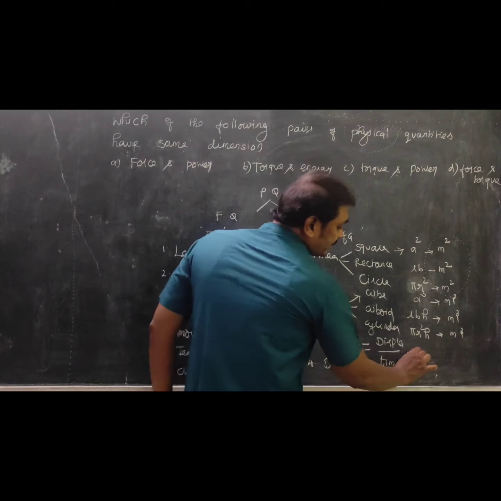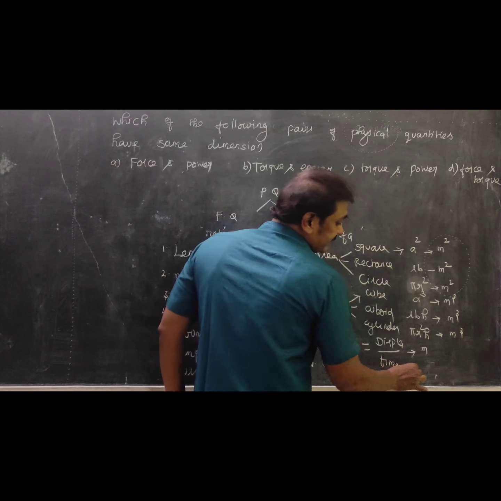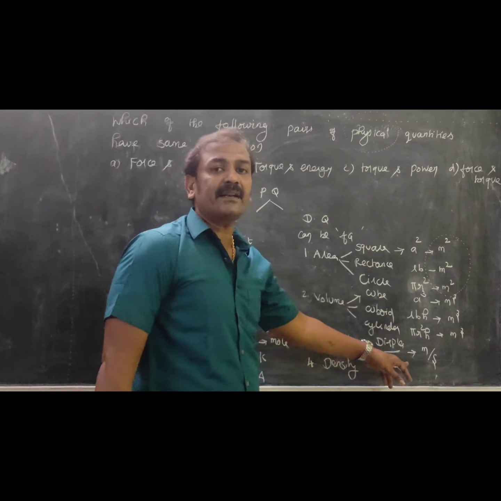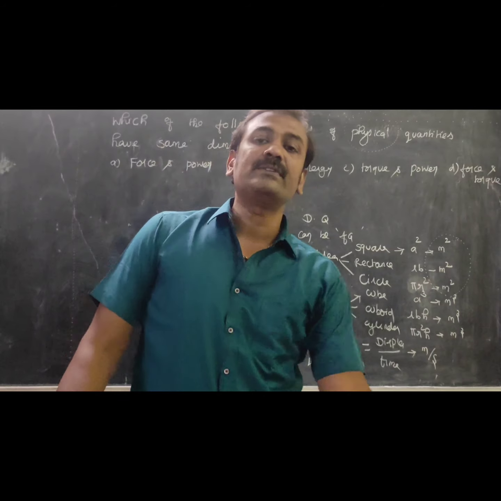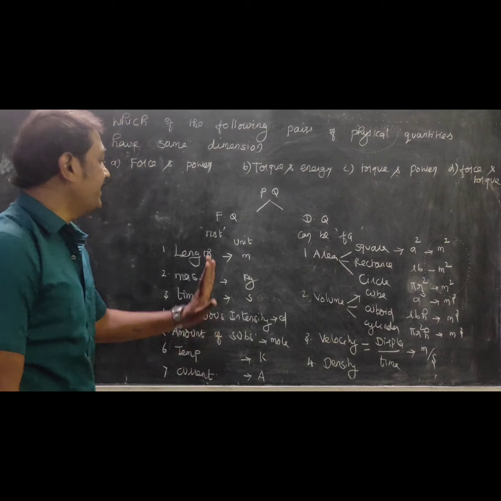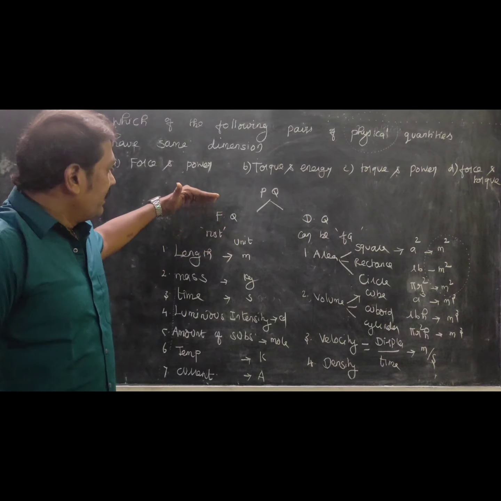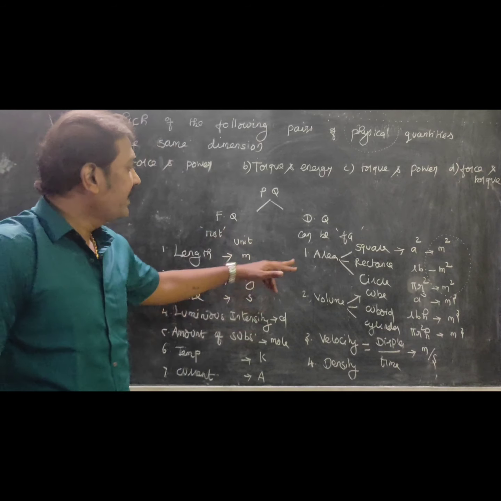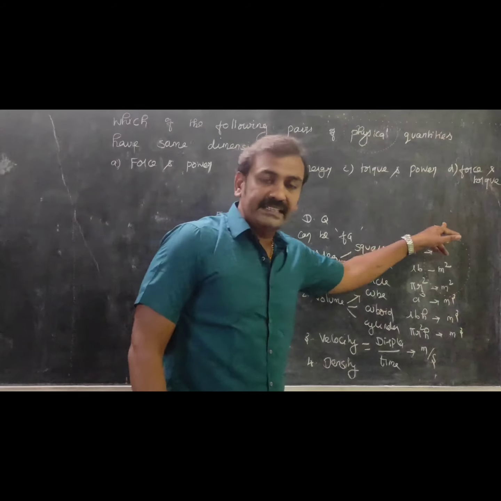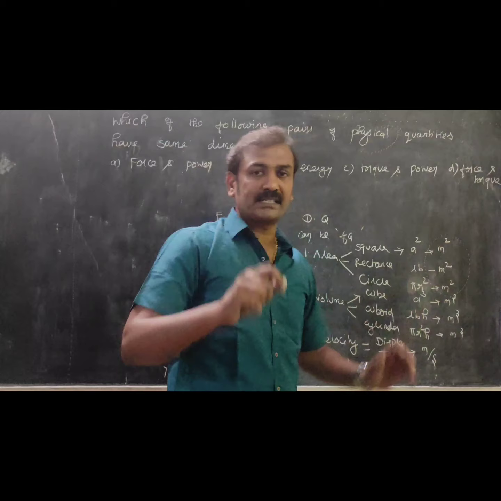Displacement is in meters and time in seconds, so meter per second is the unit of velocity. So these are fundamental quantities and units, and derived quantities and derived units.